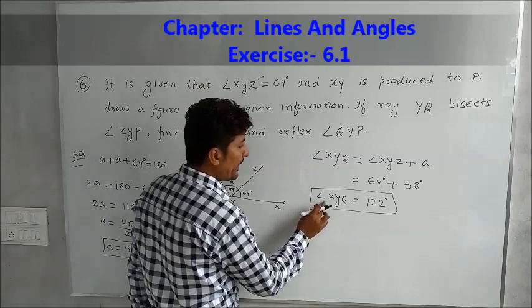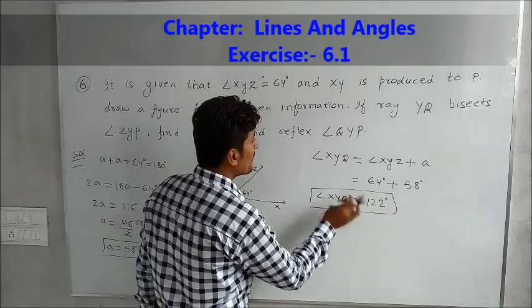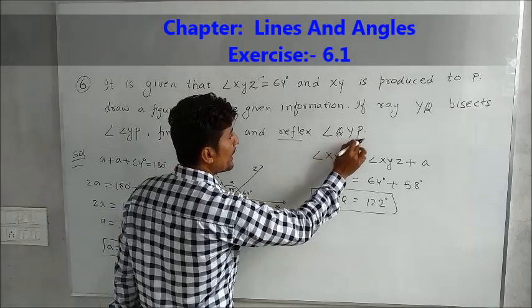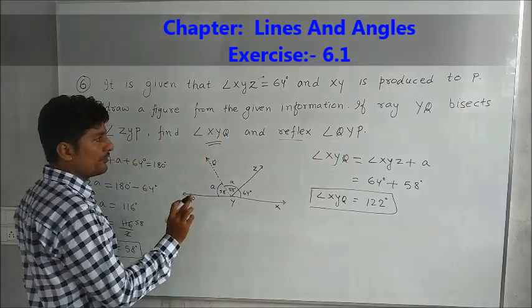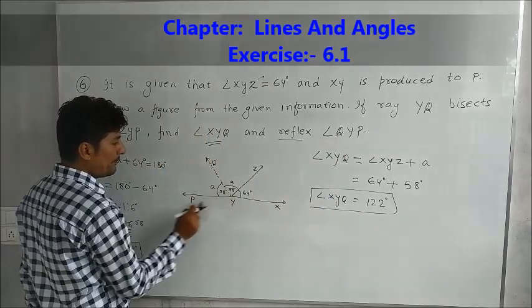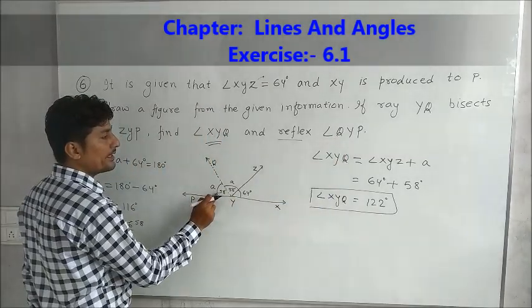After getting the measurement of angle XYQ, we have to find the measurement of reflex angle QYP. So first of all we have to find the measurement of QYP. QYP is already given as 58 degrees.